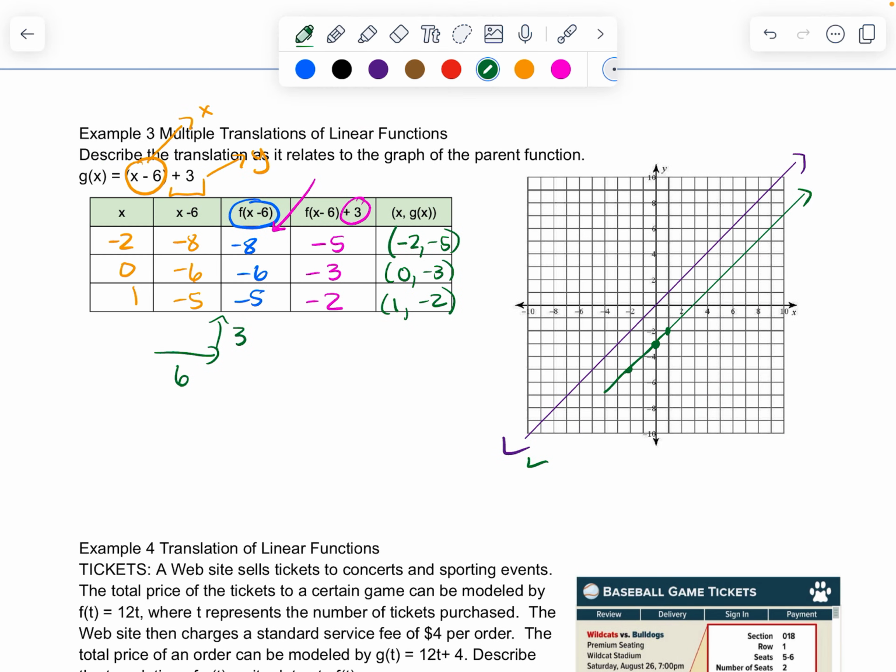So this number right here was bigger than 1, so it stretched it away from the x-axis.